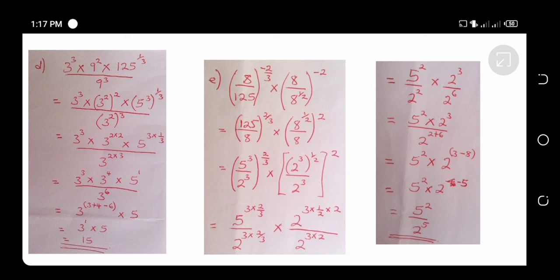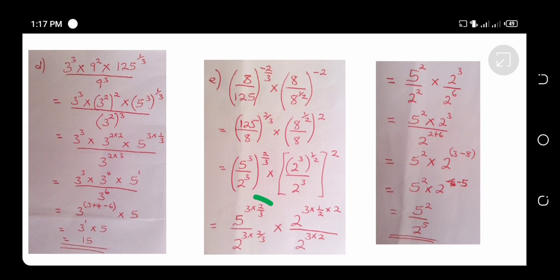Then after that, prime factorizations. Like 125, we have to write 5 cubed. 8, we have to write 2 cubed. Then again 8 here, we have to write 2 cubed. Then this is after substituting.